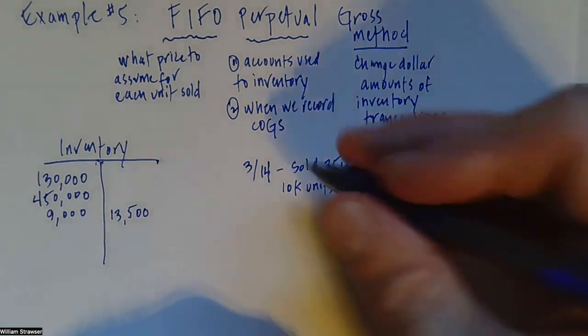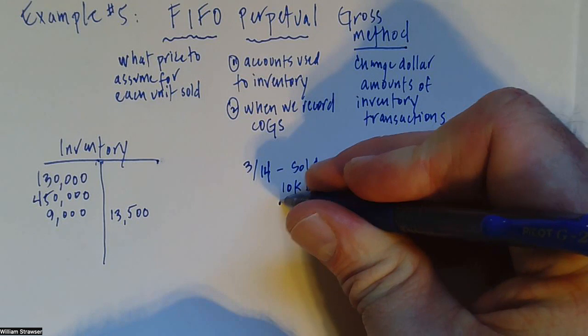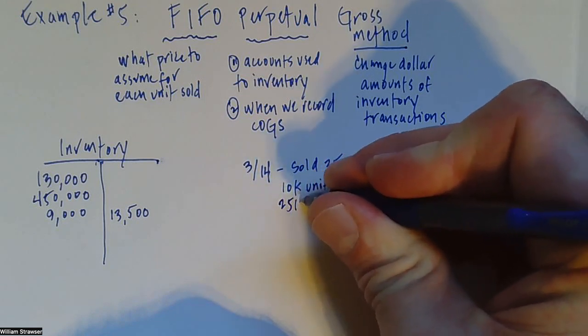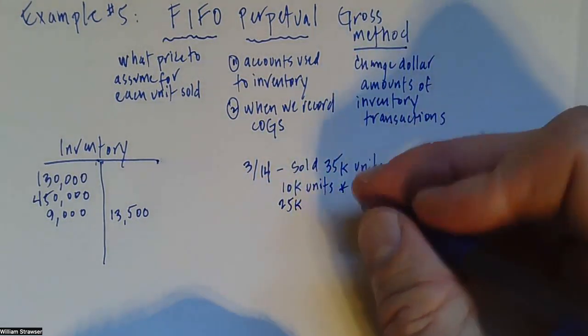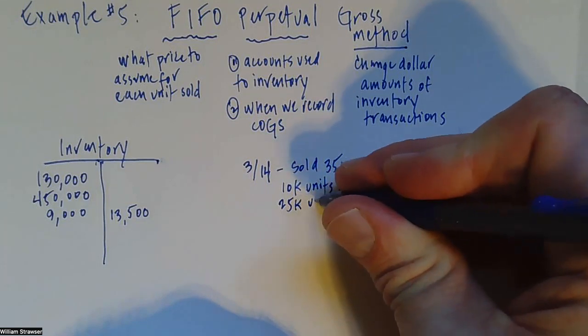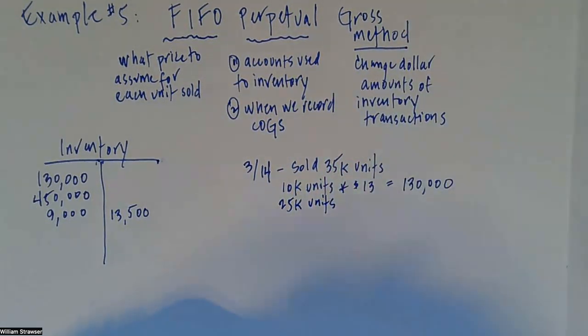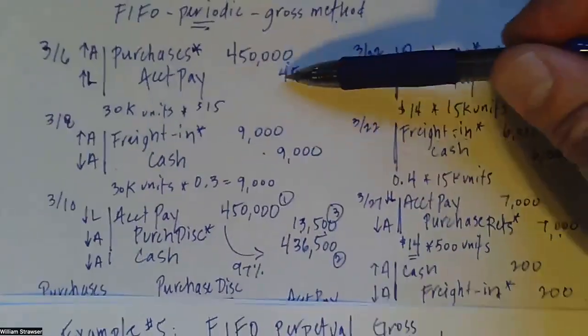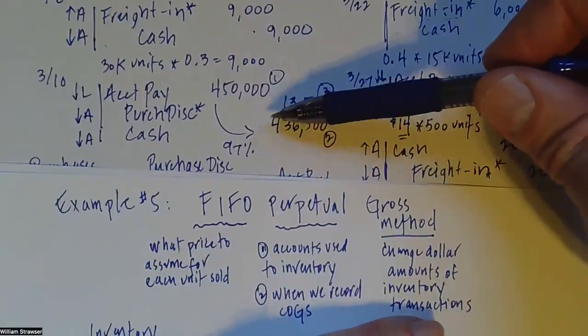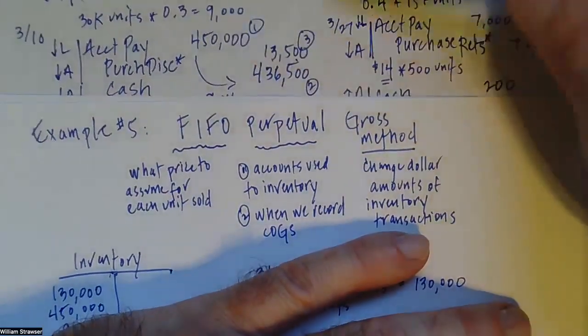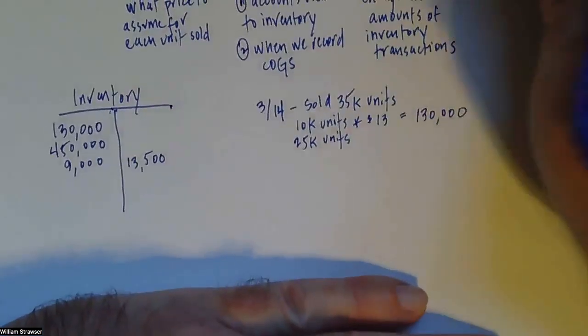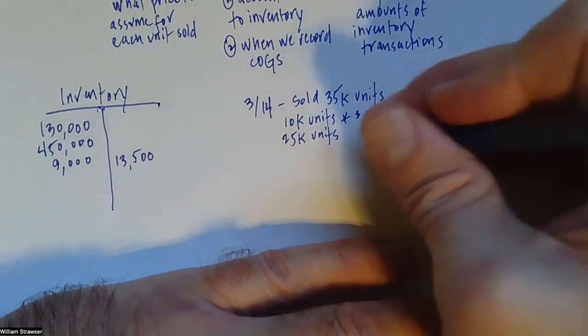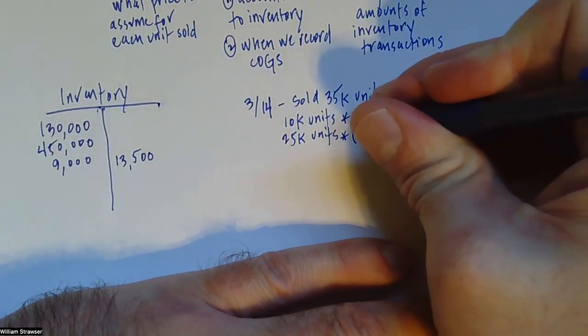So those are all gone, but I still need 25,000 more. And so that remaining 25,000 is going to be taken from that first purchase, these purchases that started on March 6th, added the freight, paid within a discount. So these are the guys that we're now selling. It was $15 per unit at the full price.